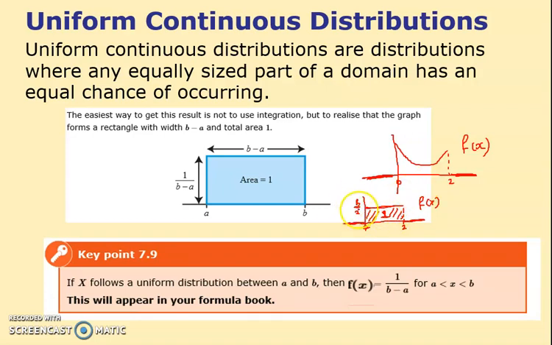And in more general terms, you take away one distance from the other, and it's 1 over b minus a. As I say, in my case, it's 1 over 2. This is in the formula book. It's a relatively straightforward formula, but to be honest, most people miss it.